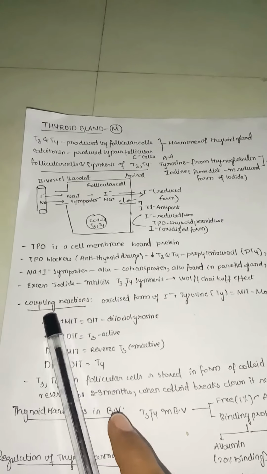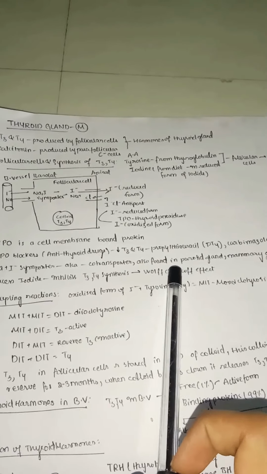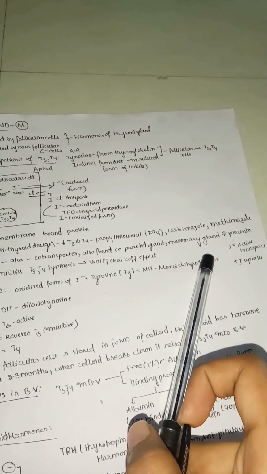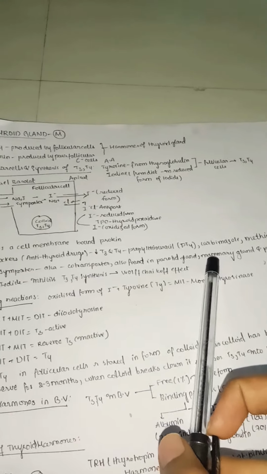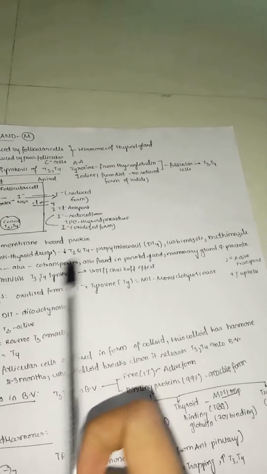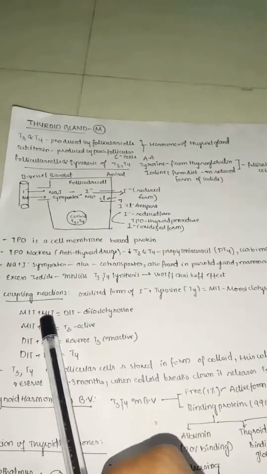Next we have the sodium iodide symporter, also known as a co-transporter. It is also found in the parotid gland, that is the salivary gland, the mammary gland, and also in the placenta. Remember, these three tissues are also capable of taking iodide inside the cells, and they also have the sodium iodide symporter. Whenever you see this co-transporter, it is always a secondary active transport process.